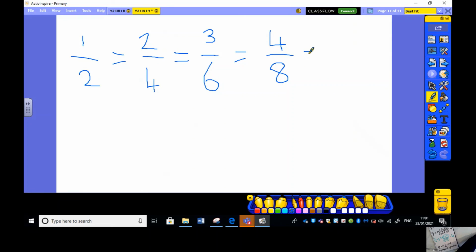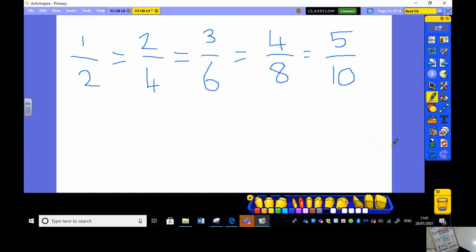And this is true, I'm just telling you this. And these are also equivalent to 5/10. Pause the video now. What's the pattern you see here? 1/2 is equal to 2/4, which is equal to 3/6, which is equal to 4/8, which is equal to 5/10.